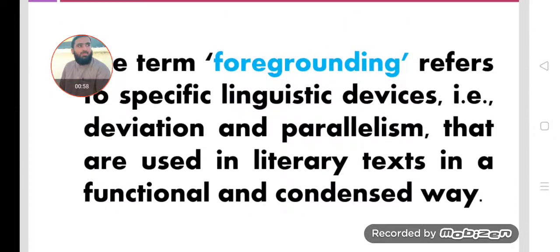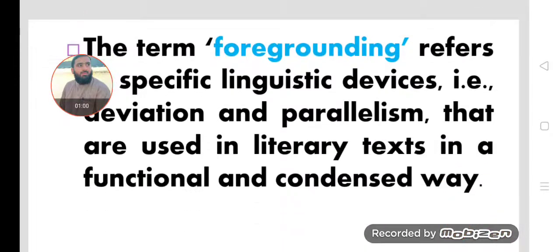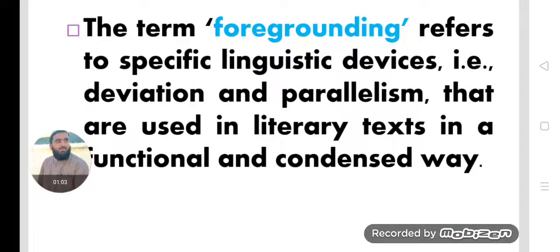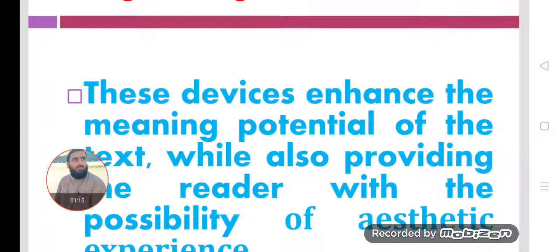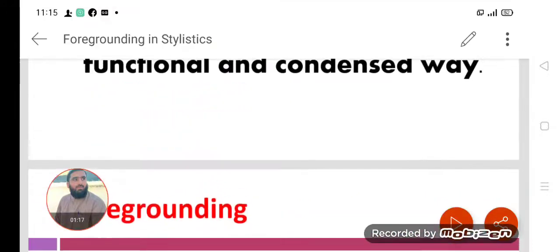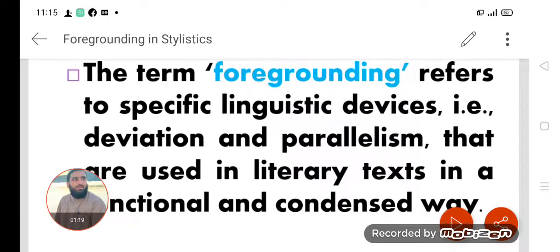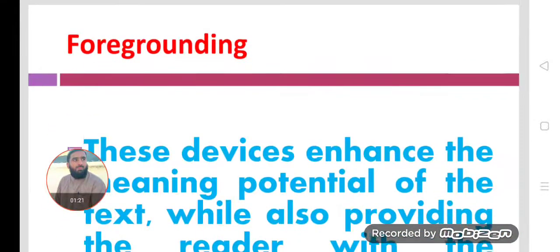So foregrounding basically means deviation and parallelism. These are the two devices or tools through which we can bring foregrounding into a literary text.